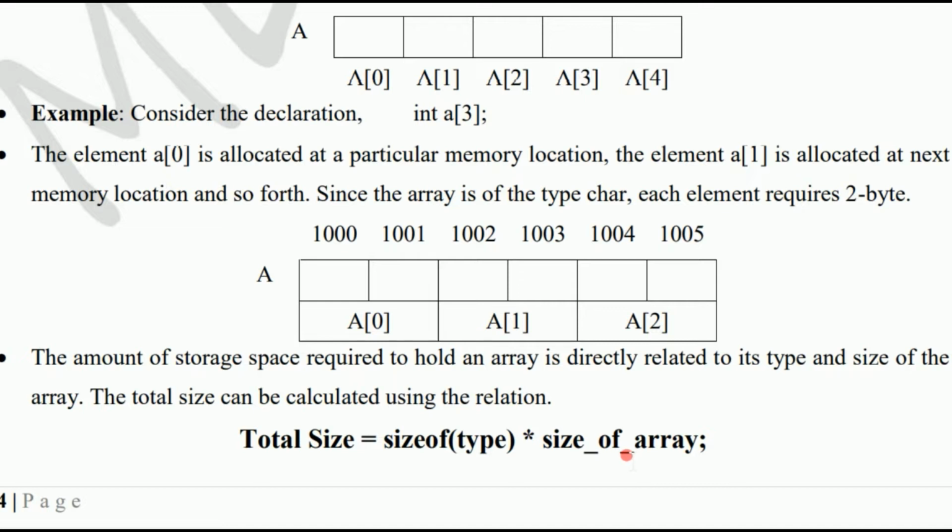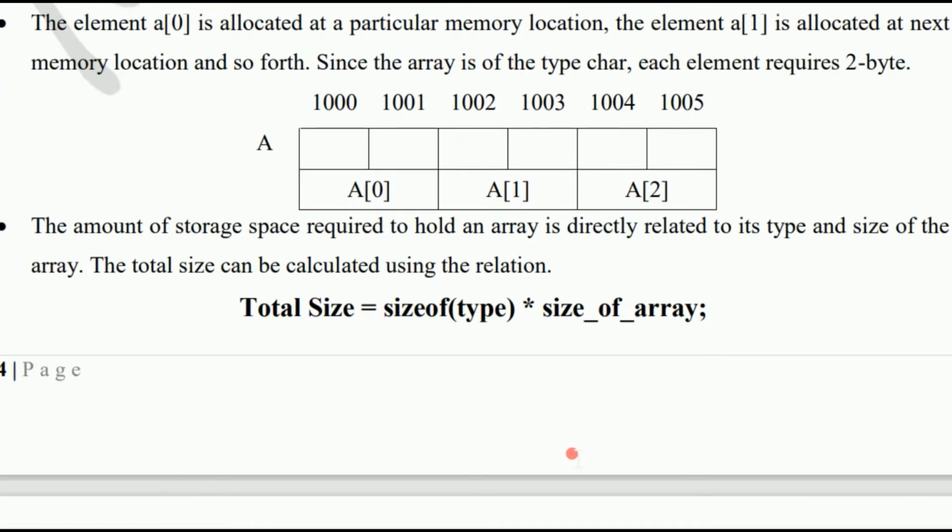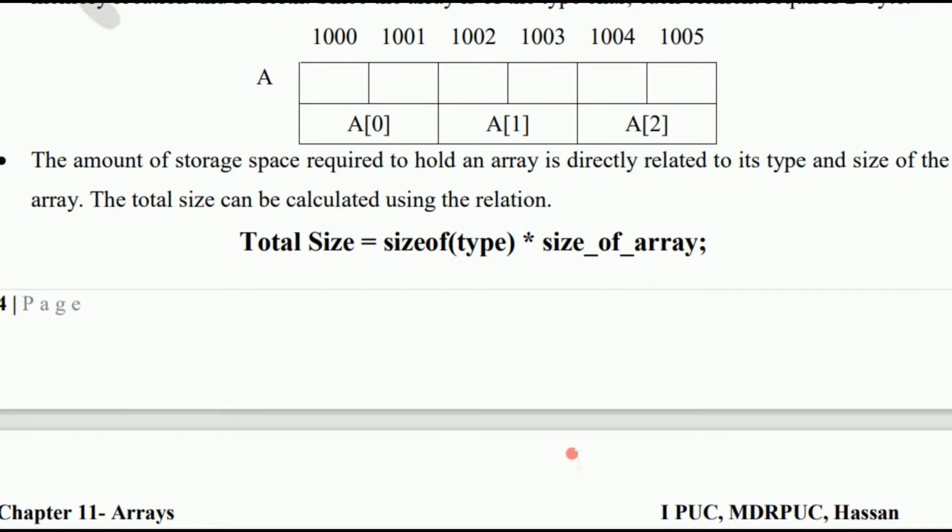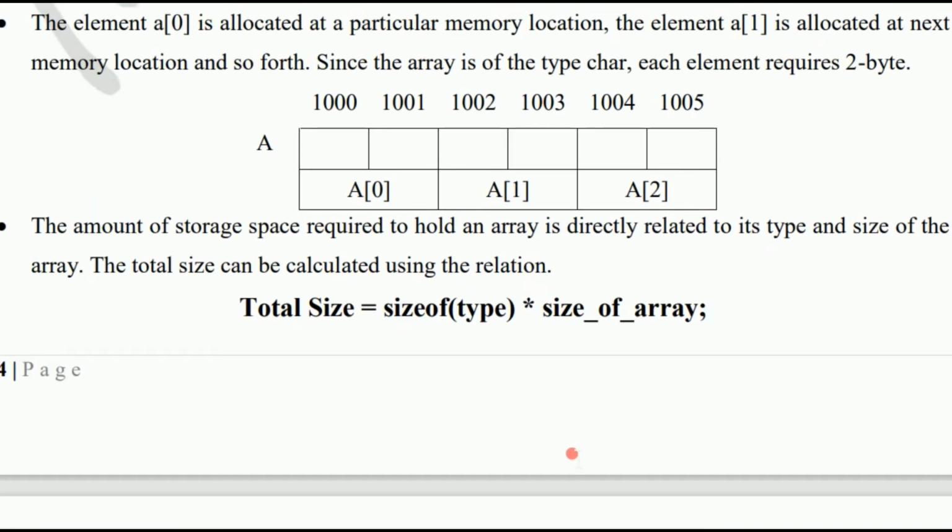For example, if n is 5 and it is of type int, then 2 into 5. That means the memory needed is 10 bytes. If it is character, memory needed is 5 bytes. Okay? Then that way we can calculate the total size. If there is a question on memory representation of one-dimensional array, then you have to give the examples in this way, just by taking int, character or float.